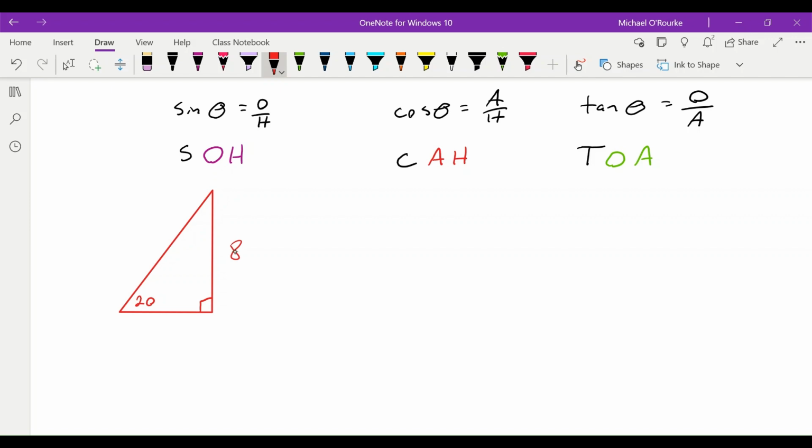I'm going to put 8 here, and I'm going to put 10 there. So I need my H, my O, my A, and my theta. Pause it here and try to work through as far as you can with the goal of filling in the formula.